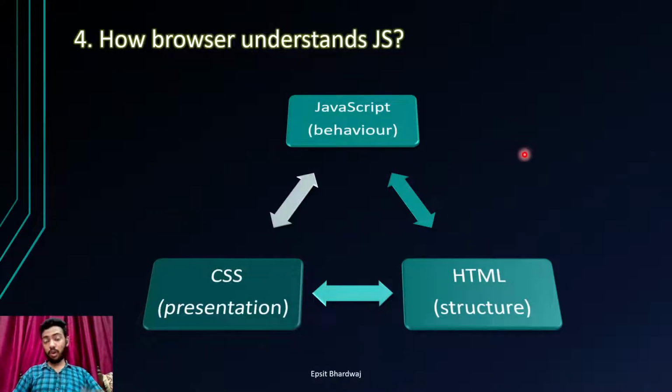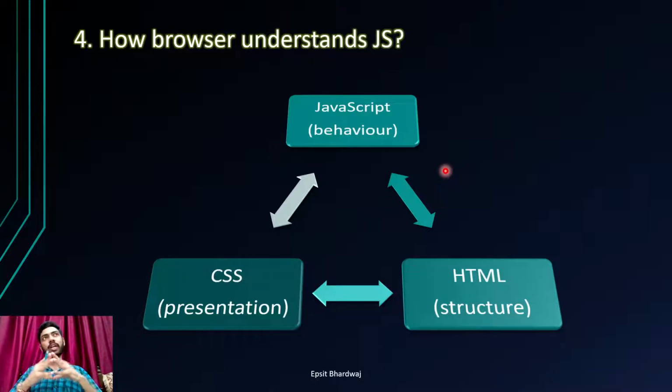This is the correlation of JS, HTML, and CSS. HTML defines the structure of a website, while it's CSS that defines how to make a website presentable. But it's JavaScript that defines how to behave, how to interact with the user. And in this correlation, our website works.